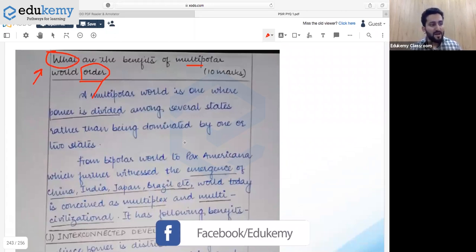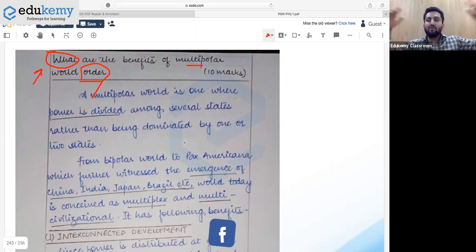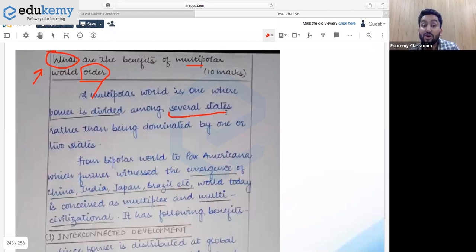There can be a possibility that one nation or a few nations grab the power of other nations and say, yes, we are going to run this world, and that is not order. Now, a multipolar world is one where power is divided among several states. And when we say multipolar, यानी कि several states में हमने power को divide करा है, rather than being dominated by one or two states.